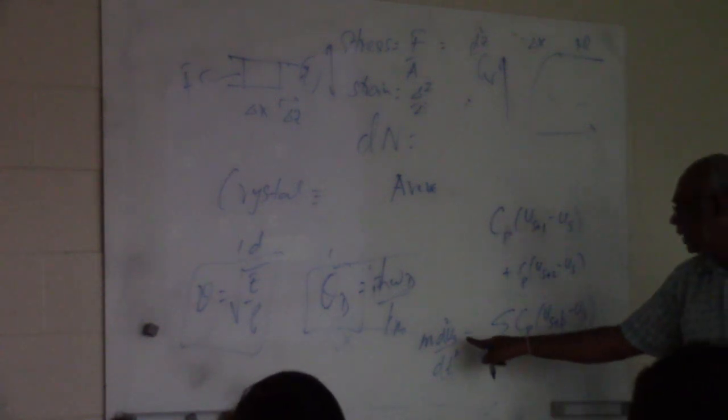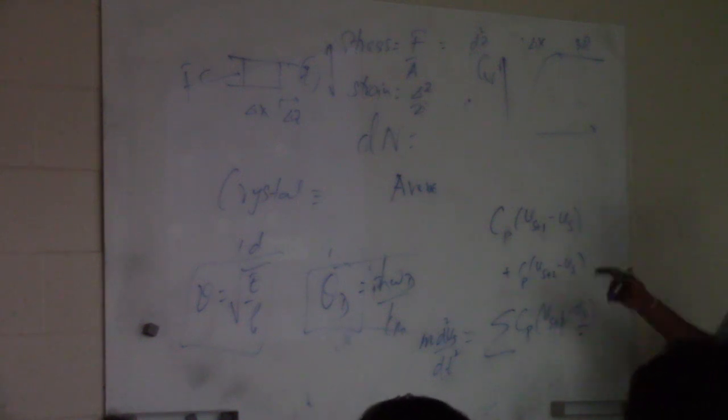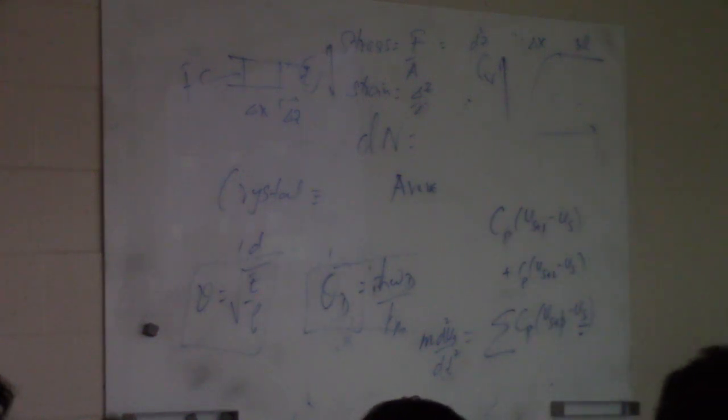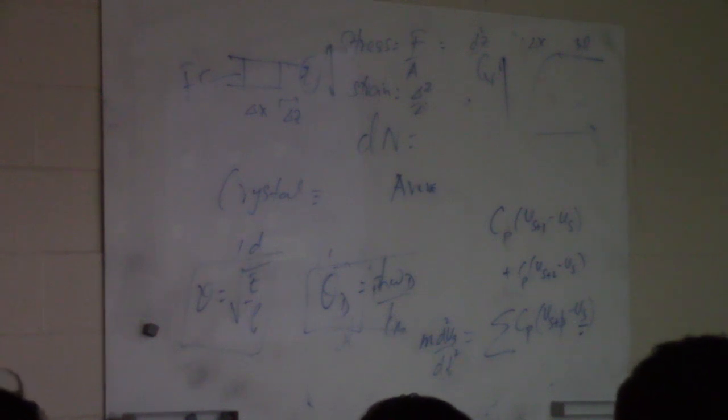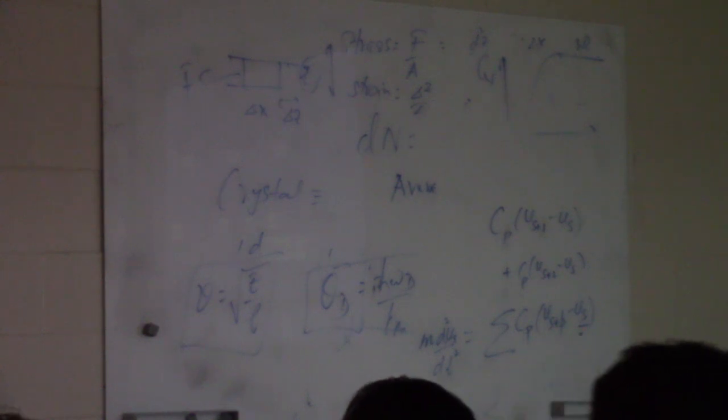So this is for the S atom, and this is the effect on the S atom from all the atoms. Is this clear for everyone? If it is only the nearest neighbor, p is plus or minus 1, right? You have both sides. If it is the second neighbor, it is plus or minus 2. So this is for the general situation.